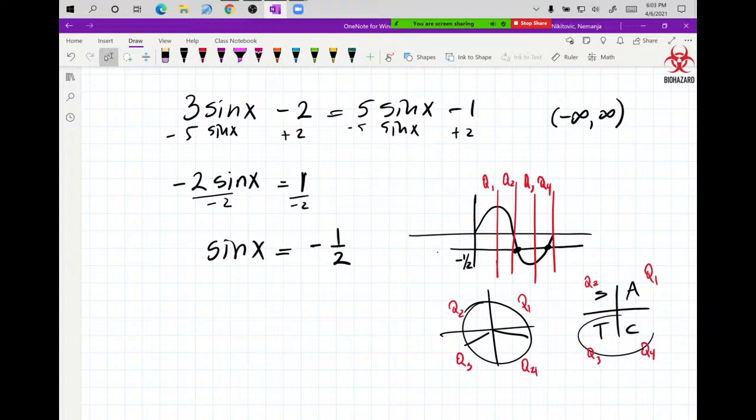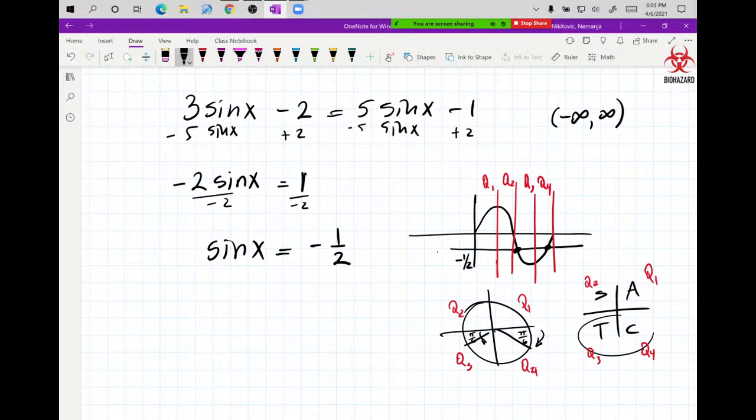So no matter which one of these you pick, it is going to be the reference angle of pi over 6 that you get to move away from the axis. So you will go pi over 6 this way, and you will go pi over 6 this way.